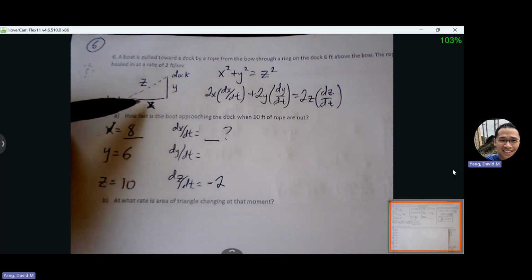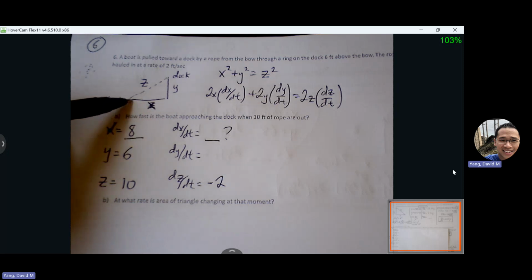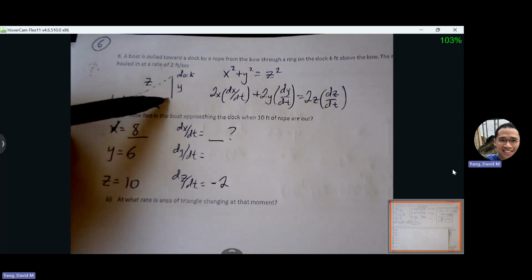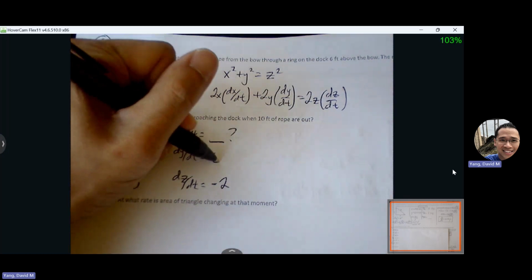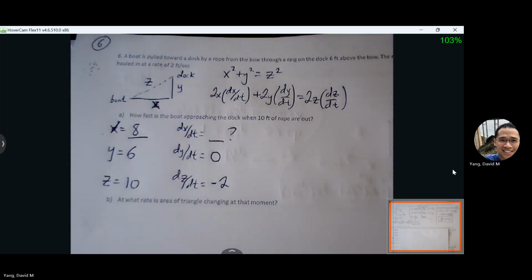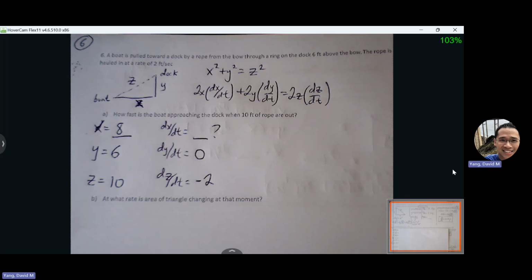That boat, the furthest it's going to go is here, and that distance from the water to the dock is still going to remain 6 feet. So that rate of change is going to be 0. Okay, put everything into your equation and then solve for dx dt.